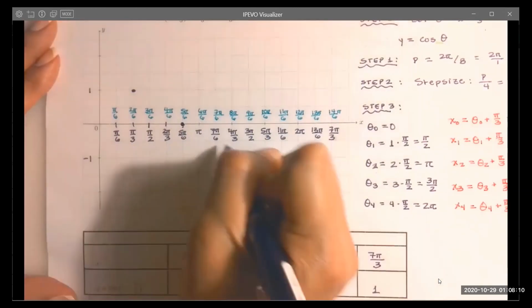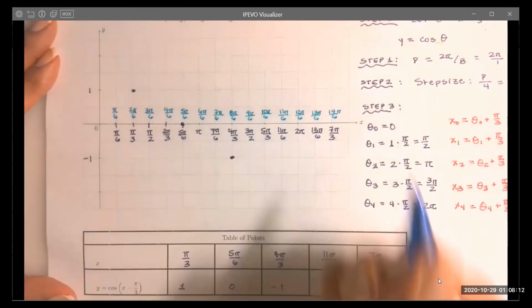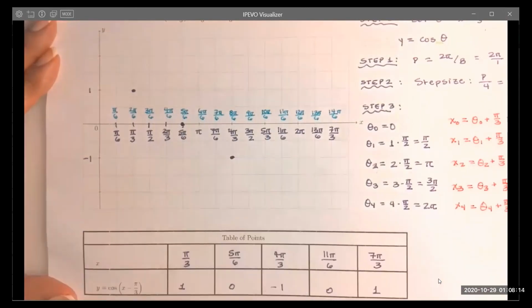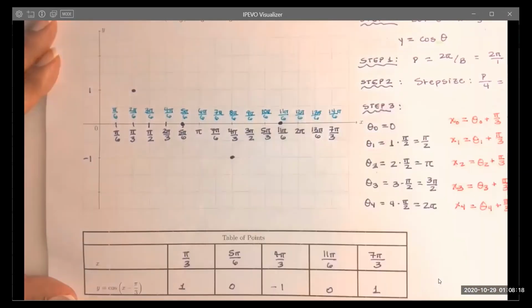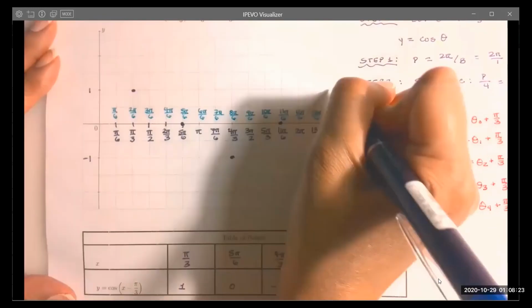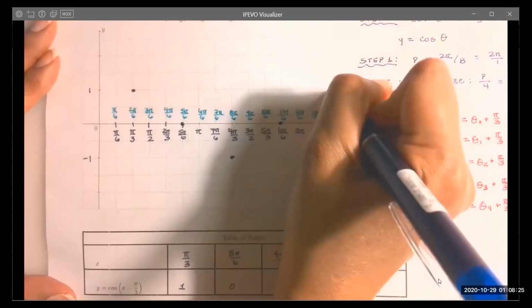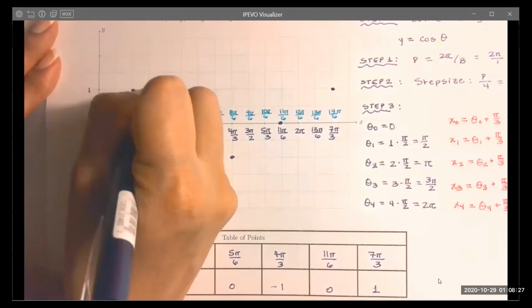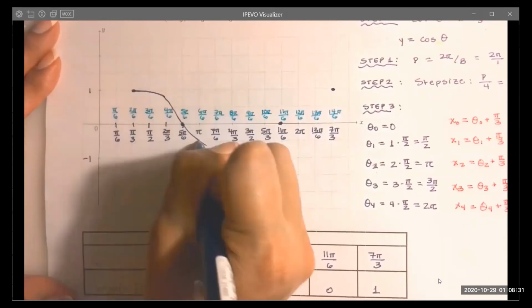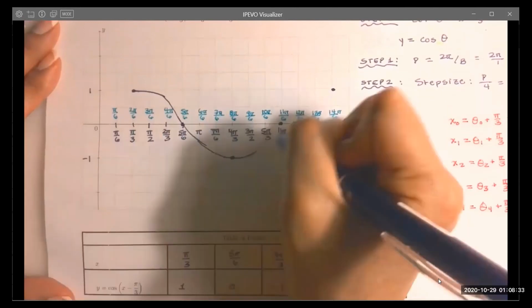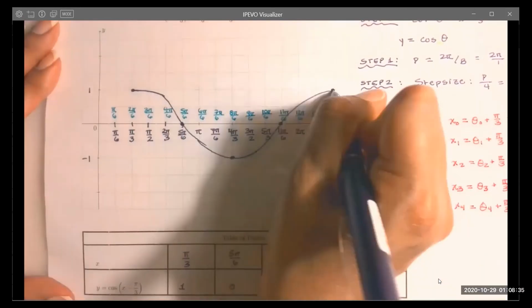So that'll be down here. At 11 pi over 6, we'll have a y value of 0. So that's here. And then at 7 pi over 3, we'll have a y value of 1, which is here. So the graph is going to curve more or less like this.